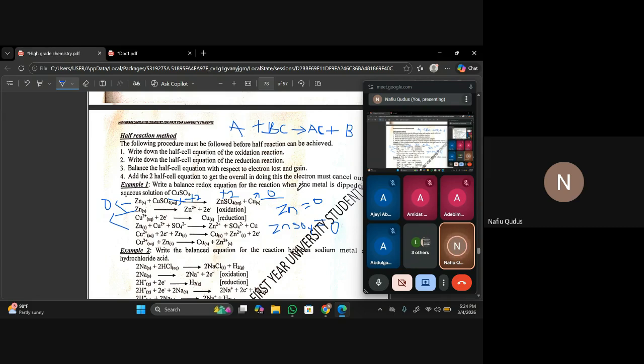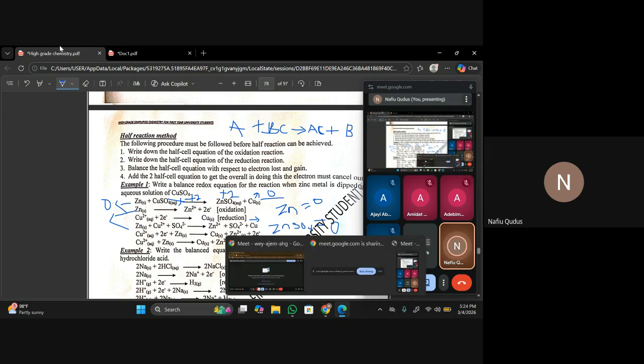It decreases. That shows that it has undergone reduction. Are we together? Yes, thank you very much. That's why zinc here undergoes oxidation, while copper here undergoes reduction. Are we together? That's fine.